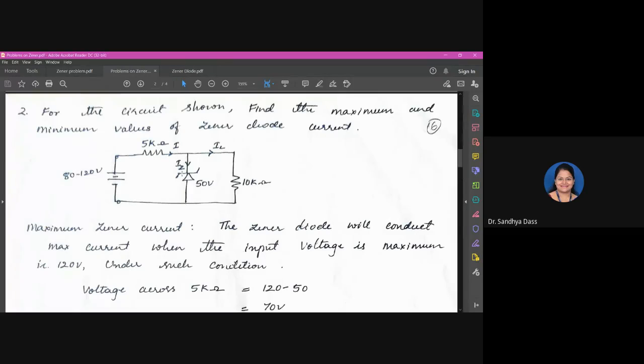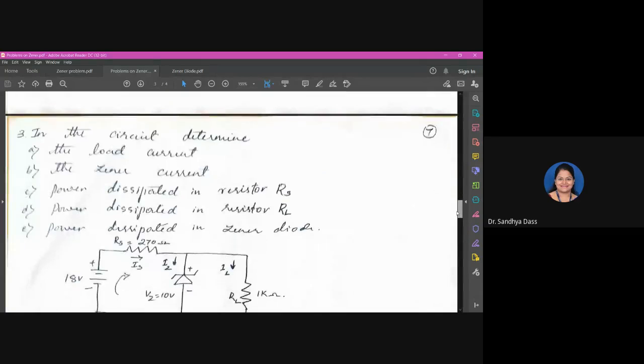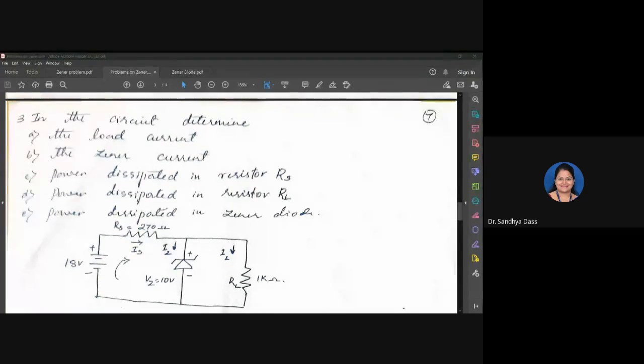If Zener current is not specified and all other parameters are given, we can also calculate Zener current. This was another variety of the problem. And in this problem, we understood how to calculate the load current, Zener current, and power dissipation. All these are example problems from the previous question papers. I hope you are with me and you are able to follow.